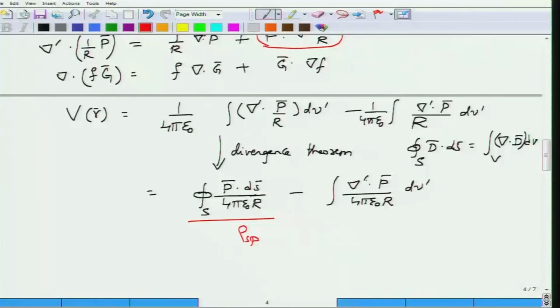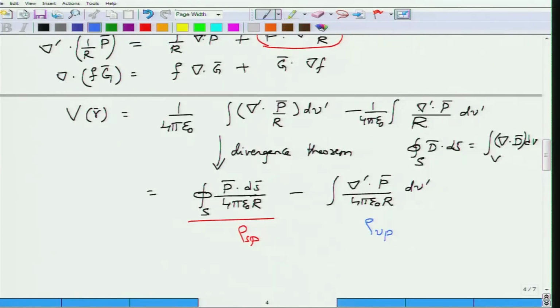Okay. Similarly, if I look at this del dot p, this could be a volume charge density. If you go back to Gauss's law in point form, del dot D is equal to rho, this indicates a volume charge density, and that volume charge density would be, say, rho Vp.